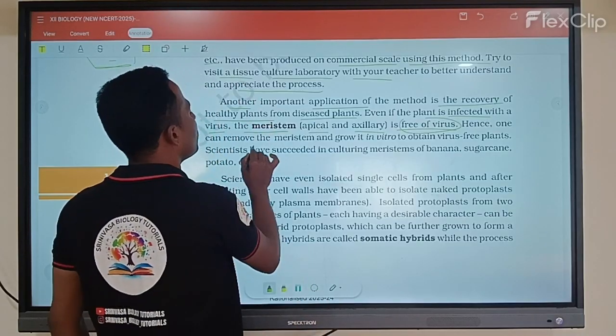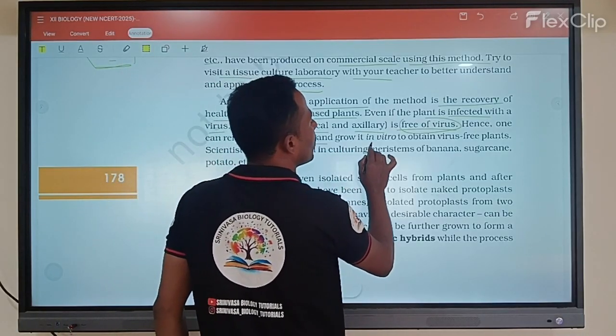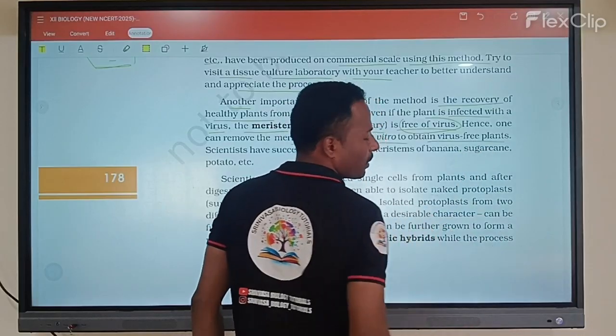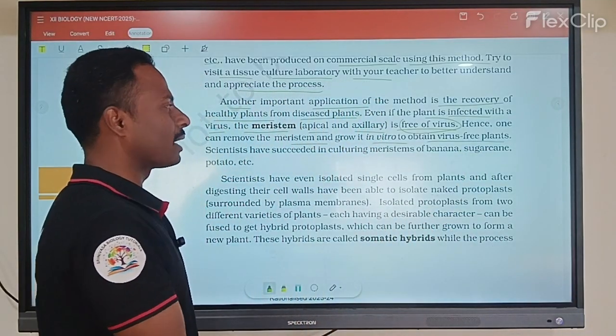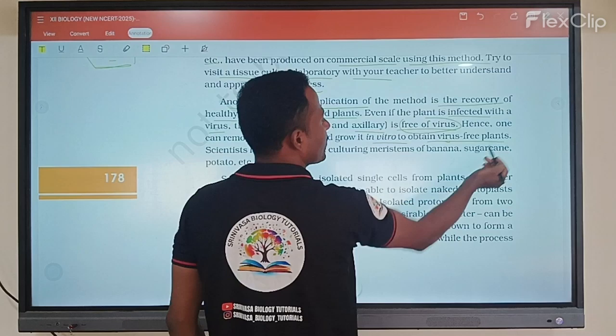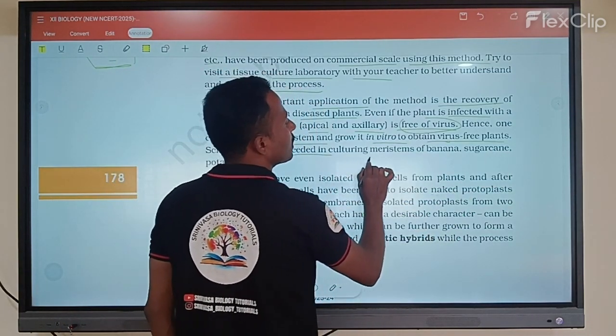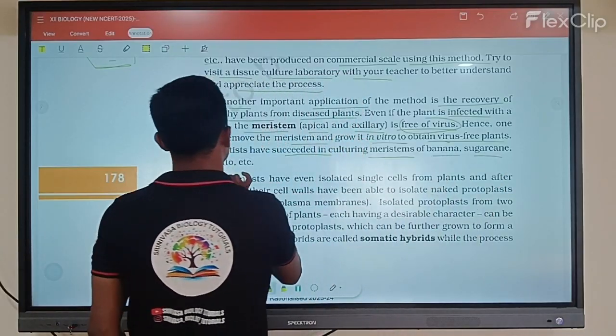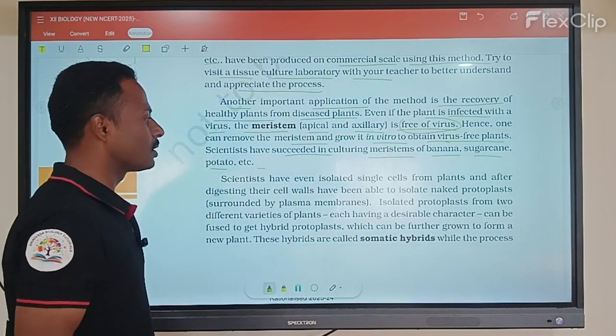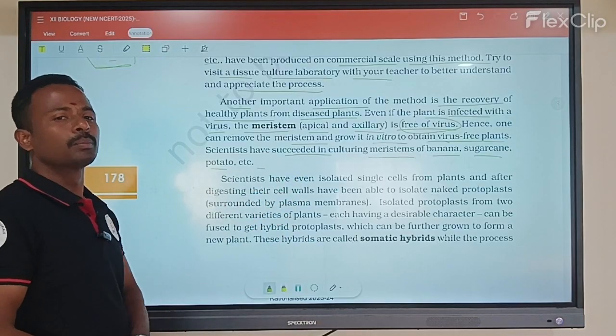Hence one can remove the meristem and grow it in vitro to obtain a virus-free plant. Scientists have had success in culturing meristems of banana, sugarcane, potato, etc.